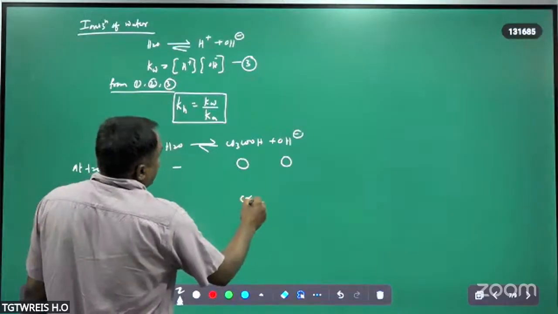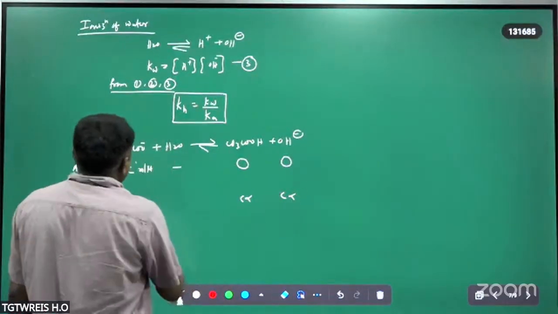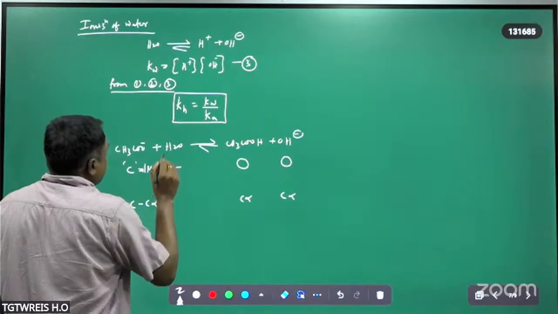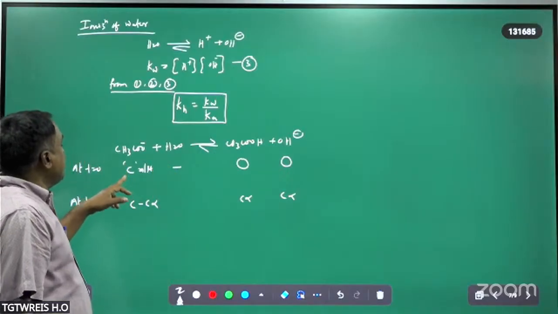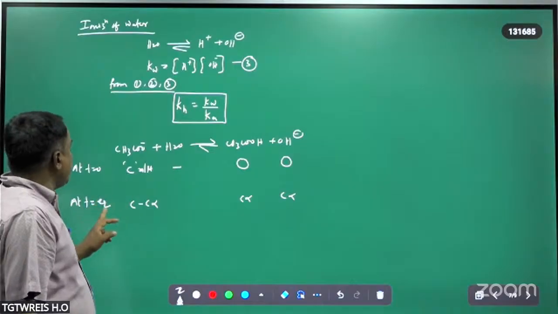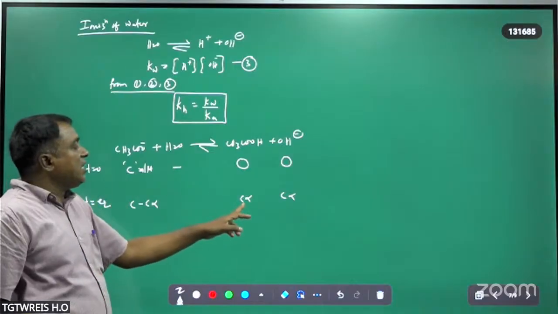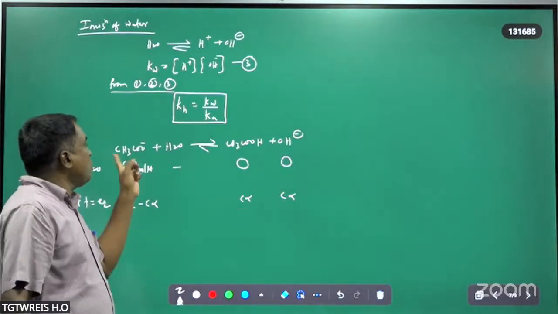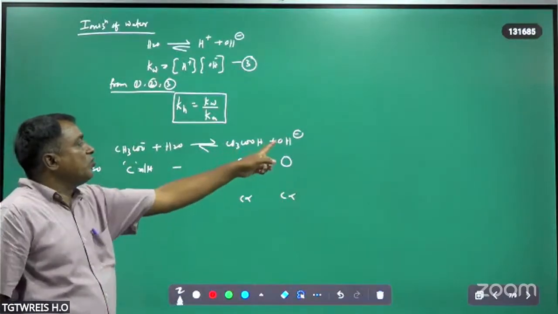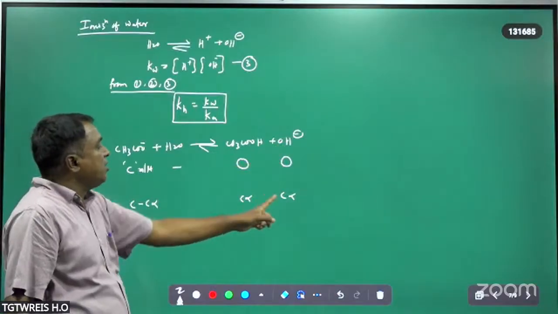This is C alpha, and this is also C alpha, and this is C minus C alpha. Initially it is C moles per liter. From this C moles per liter, after the equilibria, for 1 mole you will get 1 mole of acetic acid and 1 mole of OH minus. Therefore it is C alpha, it is C alpha.